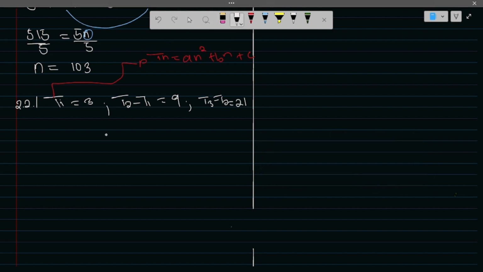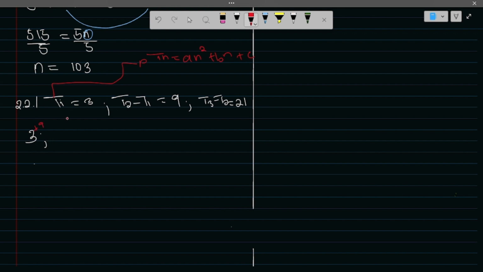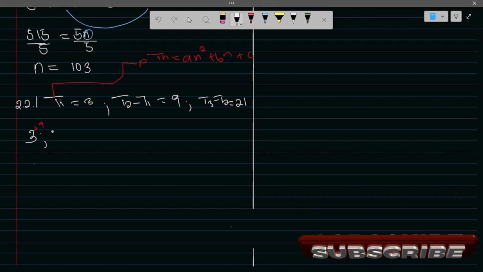Basically you have your first term, which is 3. You're told that the second term minus the first term is equal to 9, meaning the second term is 9 units bigger than the first term. So you just say plus 9, which is equal to 12.